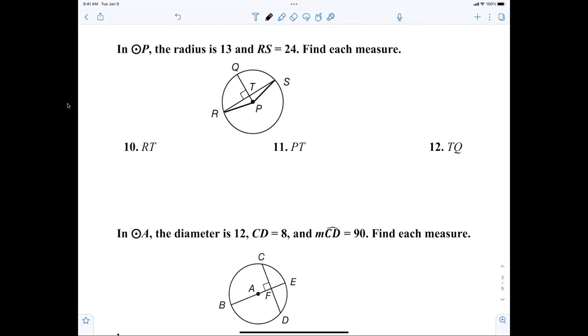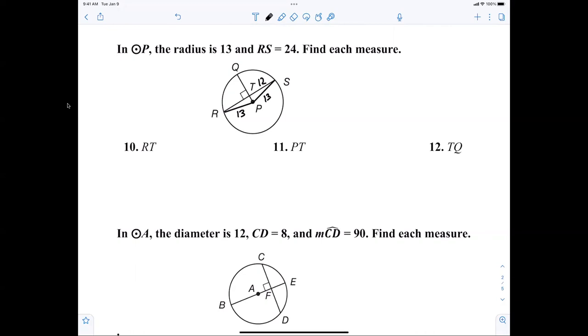So PR is how long? Help me, guys. 13, right? PS is also what? 13. RS is what? TS is what? 12.